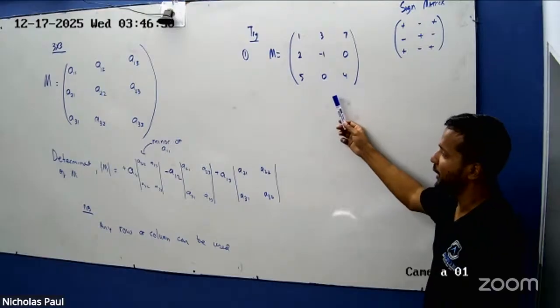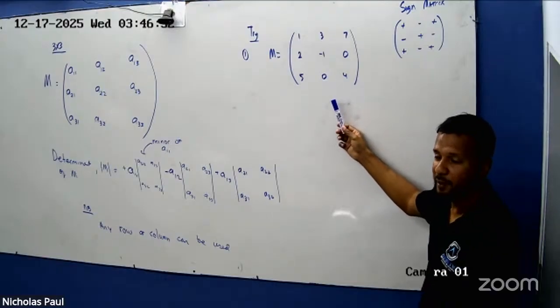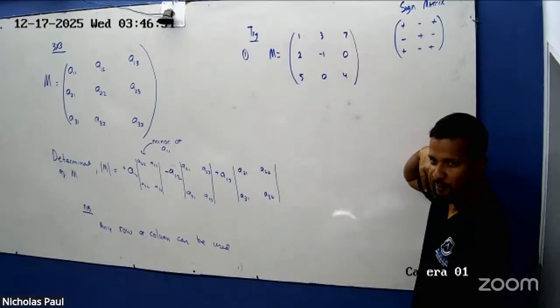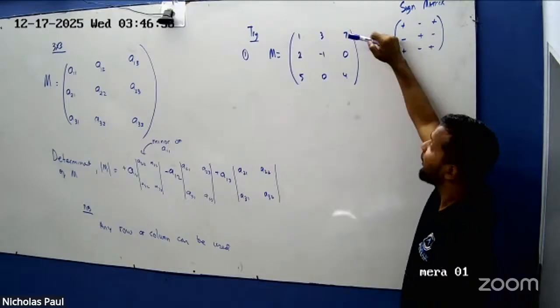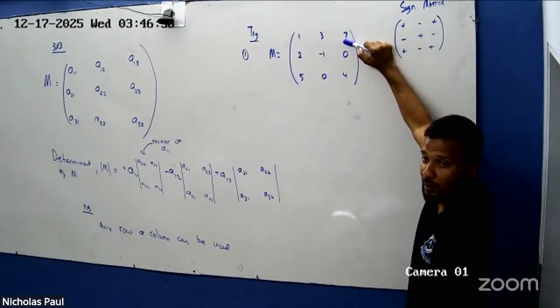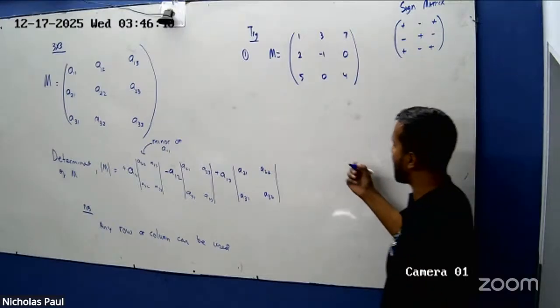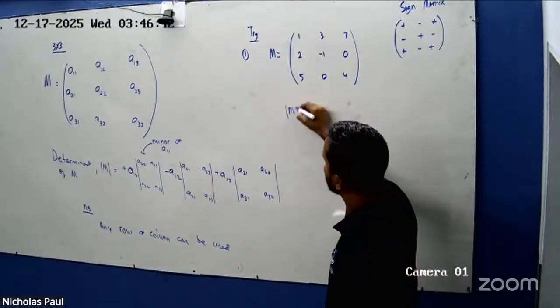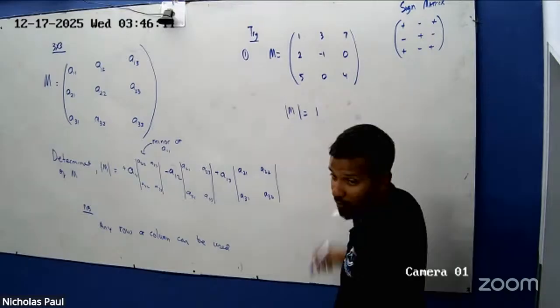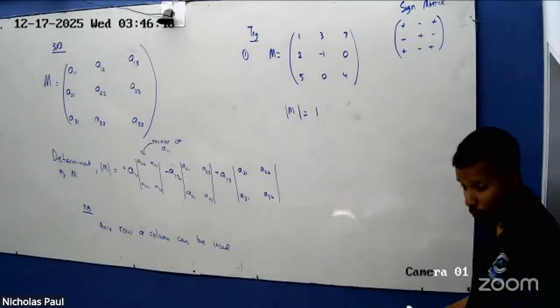So try it for a minute. Find the determinant. Use row 1 and find the determinant. Yeah, you're using row 1.